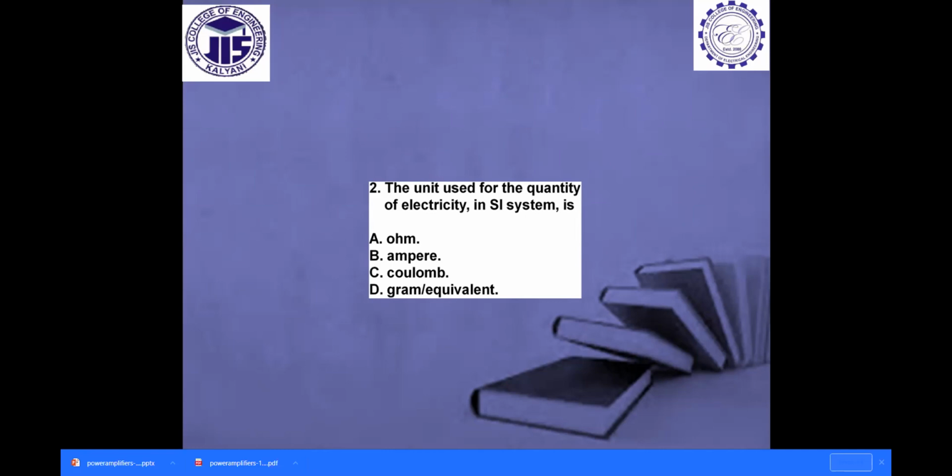So this is the second question. The unit used for the quantity of electricity in SI system is: option A ohm, option B ampere, option C coulomb, option D gram per equivalent. So what will be the answer?